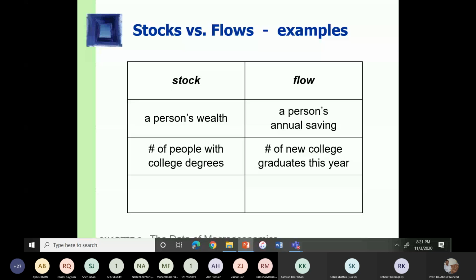Like you are doing your MEF, so there is a stock of people with MEF degree, and this year the new MEF graduates are the flow, and they will add to the existing number of people with MEF degree.